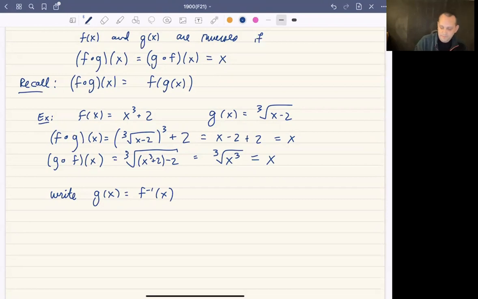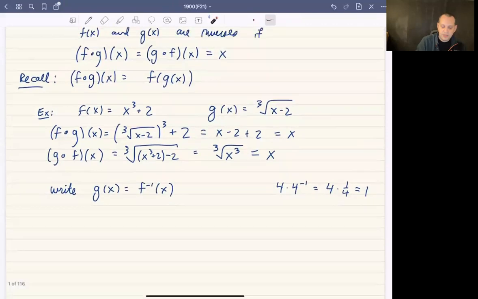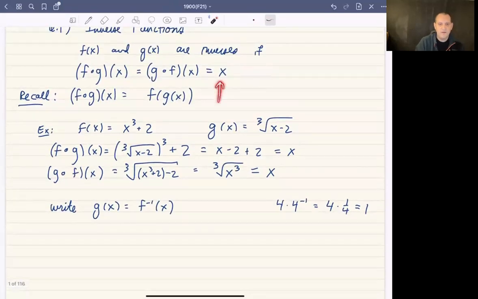For example, 4 and 1/4 are inverses in the sense of multiplication, not composition, because when you multiply them, you get the identity. And in this case, when you compose these two functions, you get the identity. You get the function that just spits out x. It doesn't do anything to it. That's the identity function.